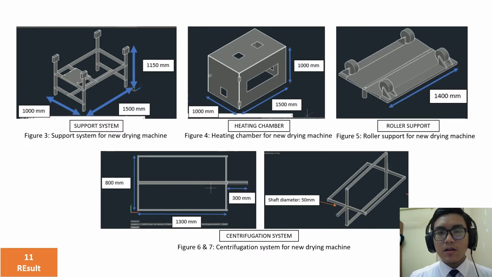Heating chamber is to reduce the time taken to preheat and maintain the temperature during the drying process. Also, it will provide uniform drying for the sludge. Roller support will reduce vibration during the drying process. And lastly, centrifugation system will spin suspended solids by means of centrifugation.